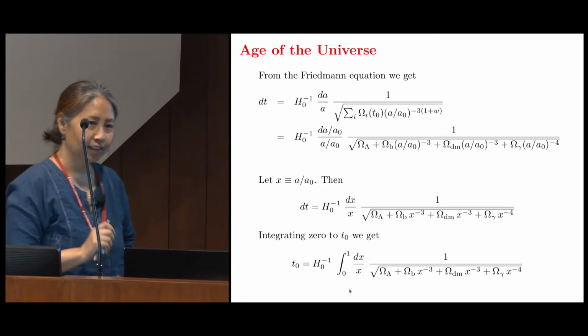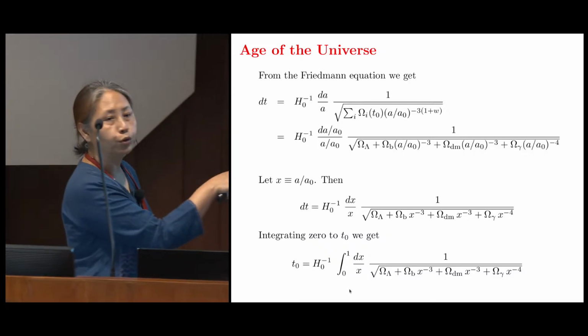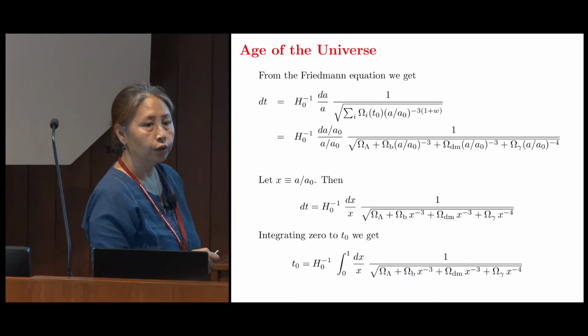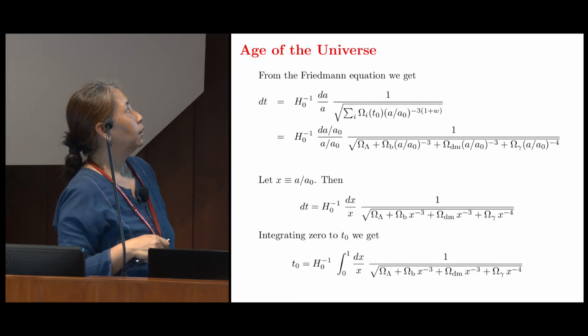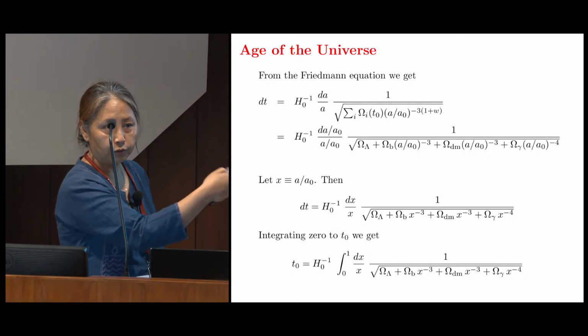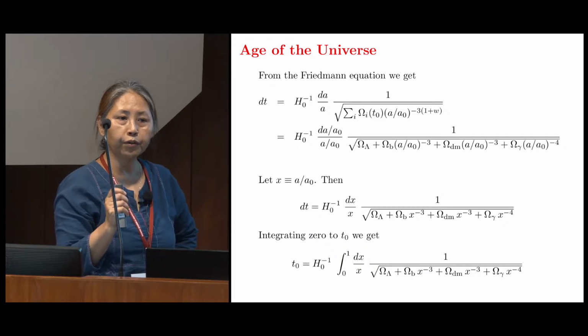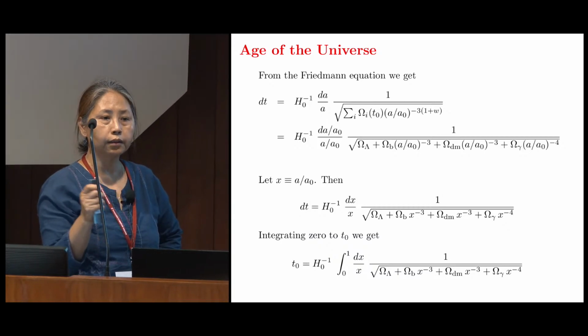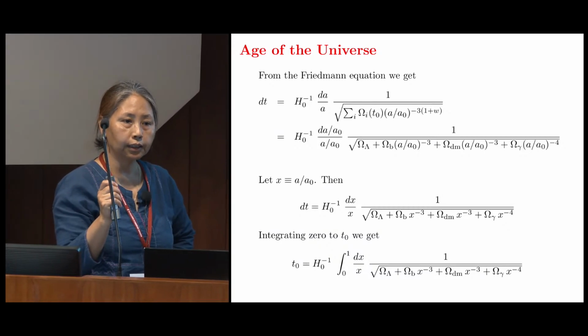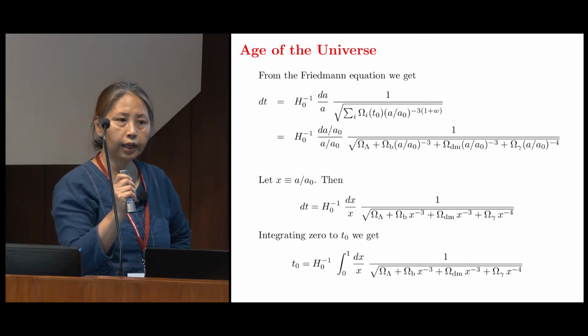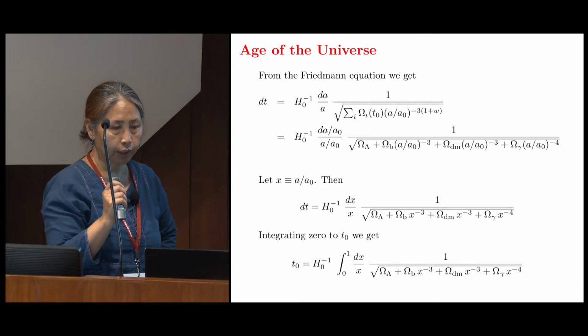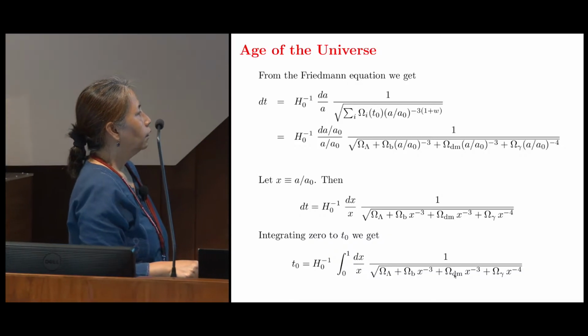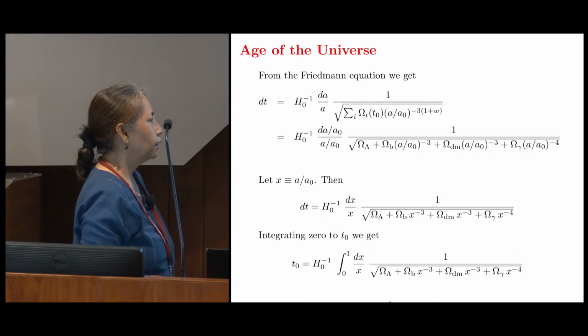Yes, sorry. Okay, small k is 0. I simplified it by putting it to 0, otherwise it becomes very long. Also, today the observational data tells us that k is most likely 0. Okay, so that is correct.